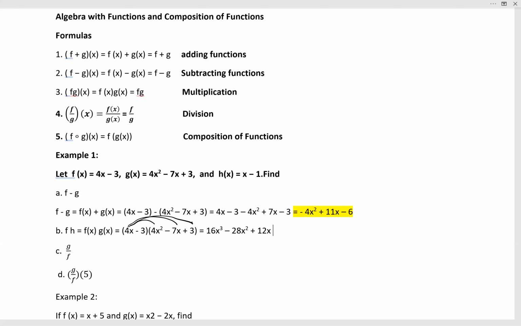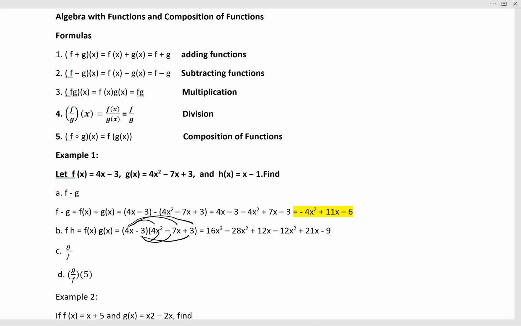Now I'm going to move to the next term, which is negative 3. So negative 3 times 4x squared, negative 3 times negative 7x, and negative 3 times 3. Okay, so negative 3 times 4x squared is going to be negative 12x squared, and then negative 3 times negative 7x is going to be positive 21x, and then negative 3 times 3 is minus 9.